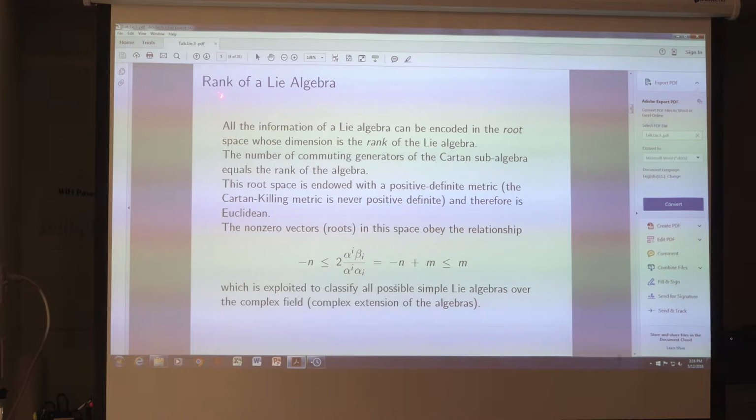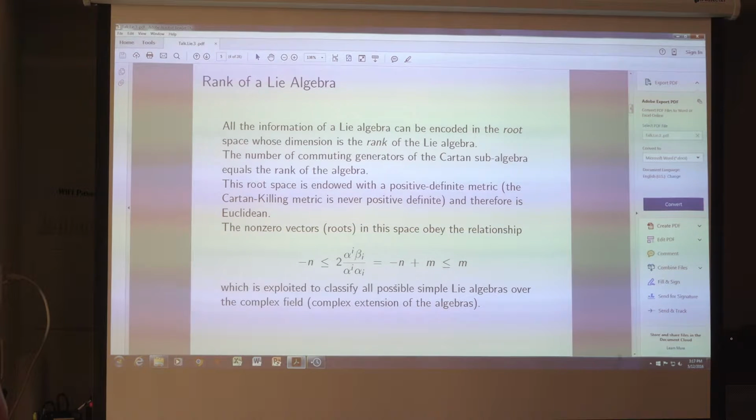Okay, let's talk about the rank of a Lie algebra. You see, all the information of a Lie algebra can be encoded in the root space whose dimension is the rank of the Lie algebra. For example, E8 has 8 Cartan generators, so the rank of the Lie algebra is 8. So you construct your root lattice in an 8-dimensional space.